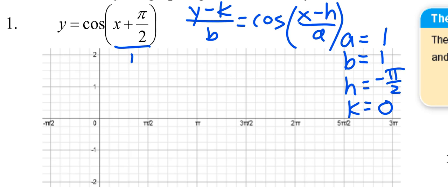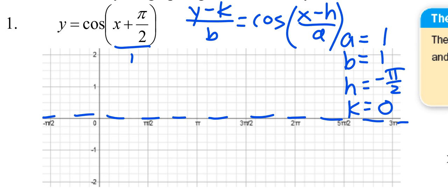Identify the center line of your wave. What is the center line of the wave? What horizontal line should I dash to pieces? Center line. Come on, center line goes with your vertical shift. Yes.